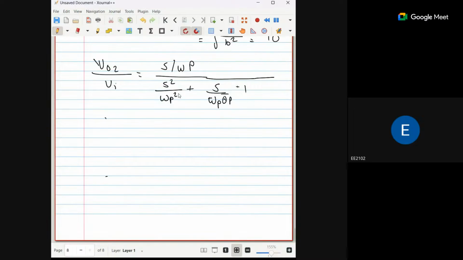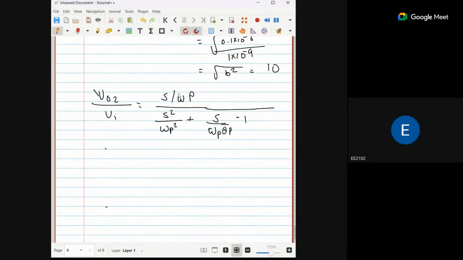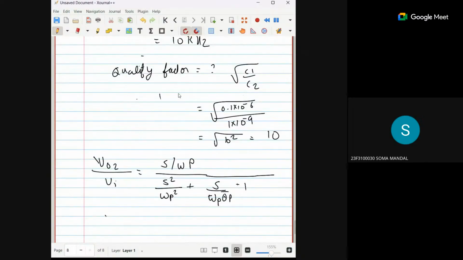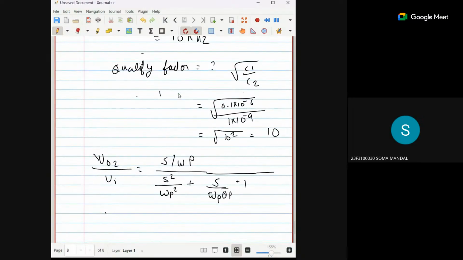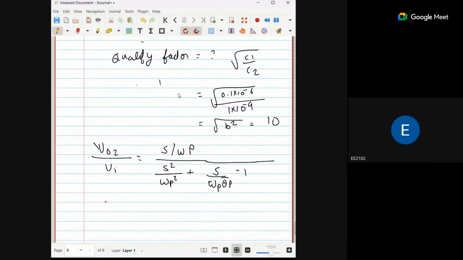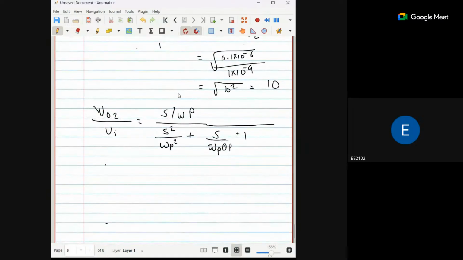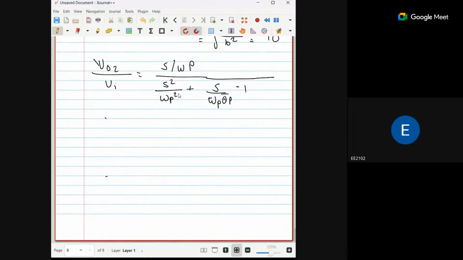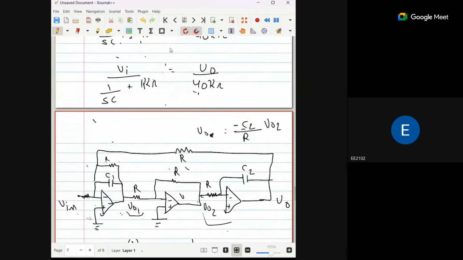And one more is that, write the equation for V1, V0 by Vi. For V1, we can find it directly, no? We can use that first amplifier, the first order equation.